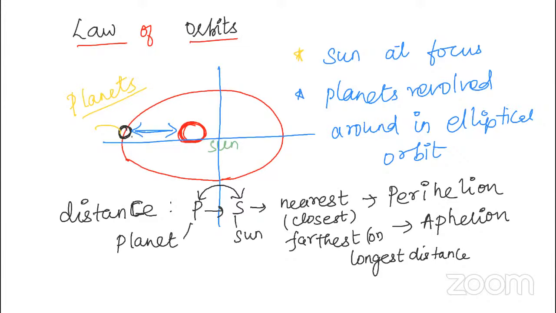The distance between the sun and the planet, if it is very close, we name it by the smallest distance, that is perihelion. If it is at the longest distance, it is aphelion. That is the point you should know compulsorily.